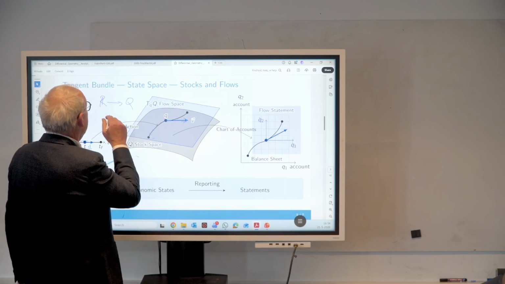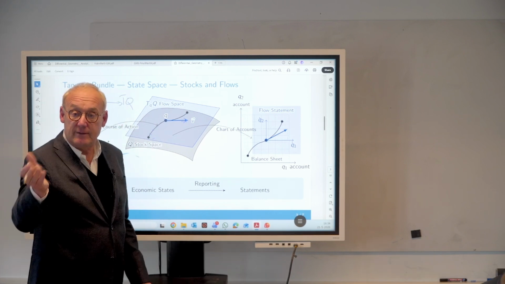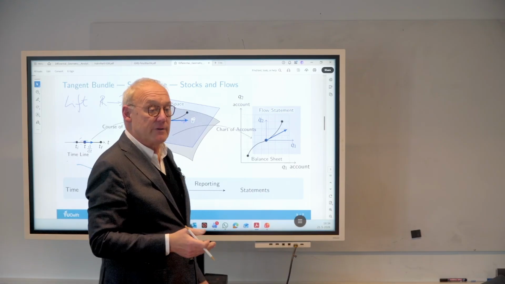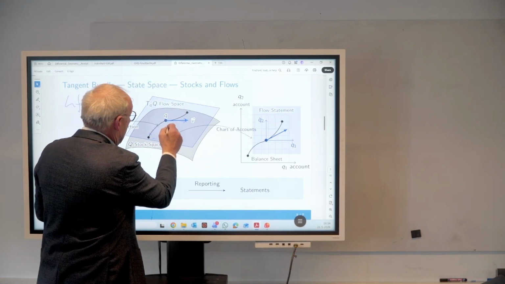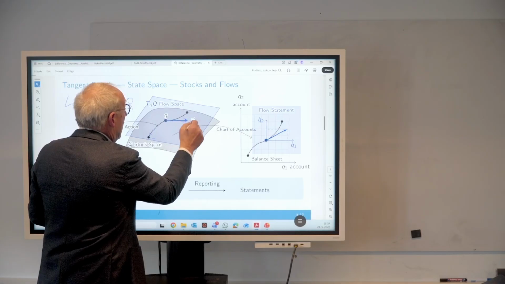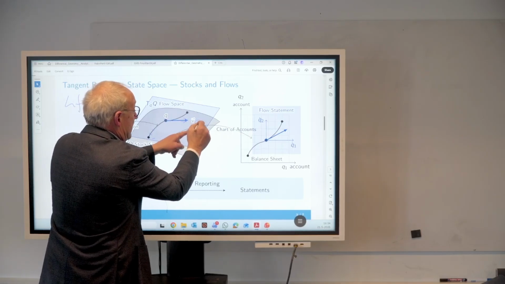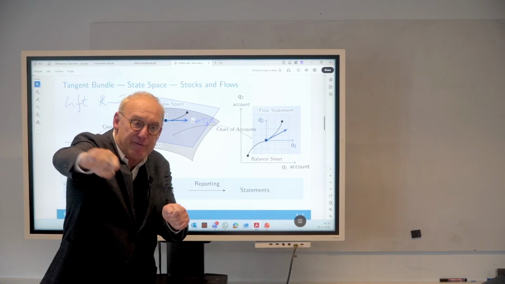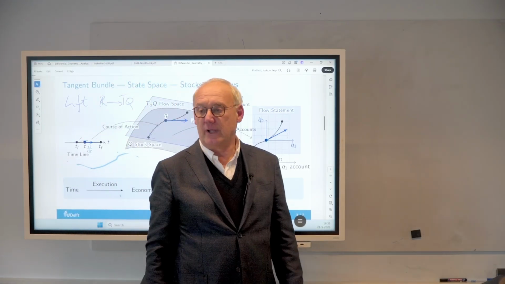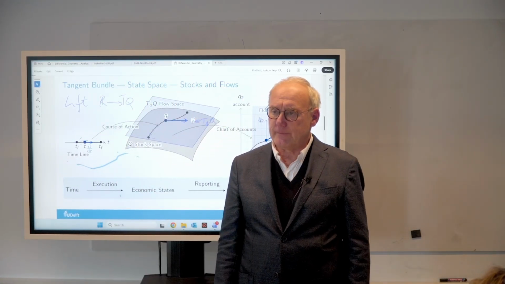So I can lift this path into the entire cotangent bundle. Not only at this point Q do I know where it is, but I also know this number V, which is an element of the tangent space. And I do that for every point. That's what we call the lift.